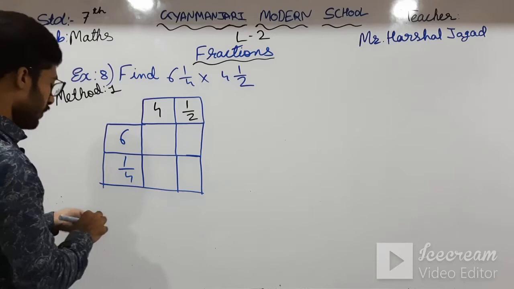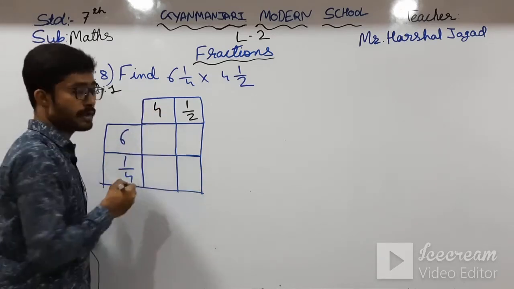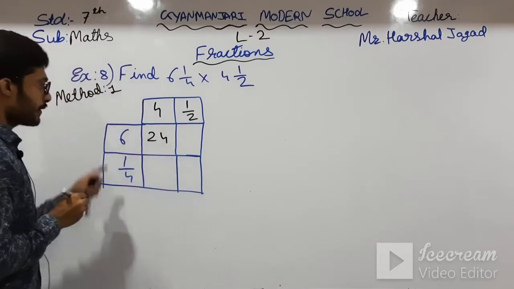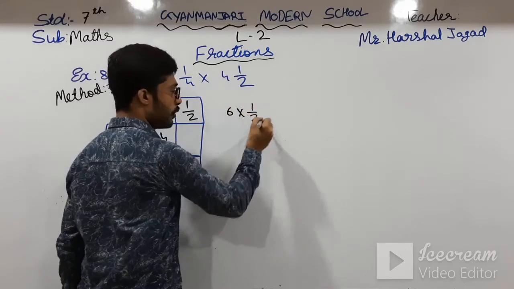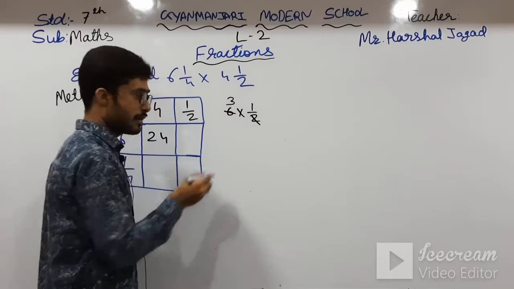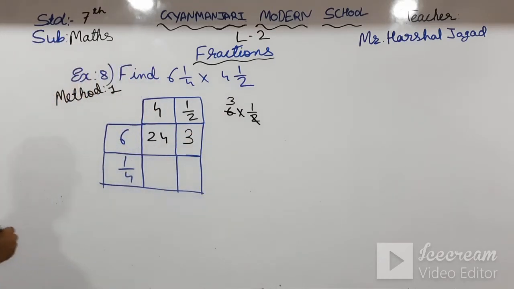So 6 4s are 24. And how do we multiply 6 with 1/2? 2 3s are 6, so here 3. Okay students, are you understanding this?